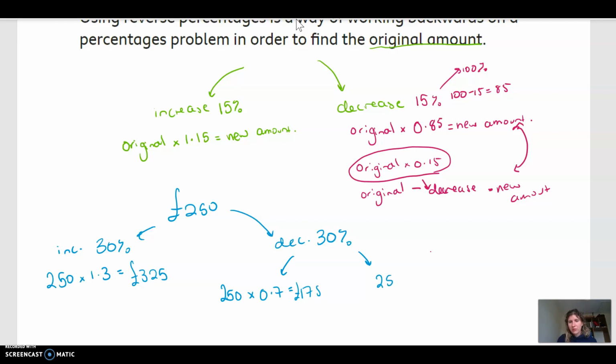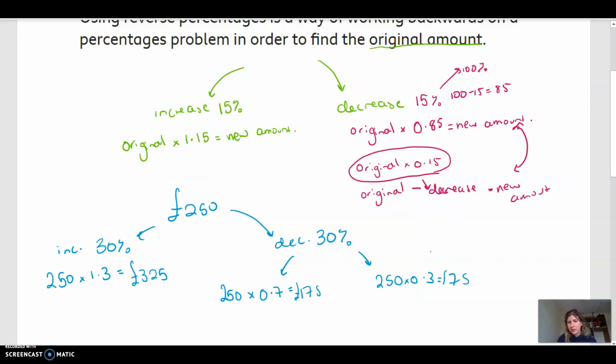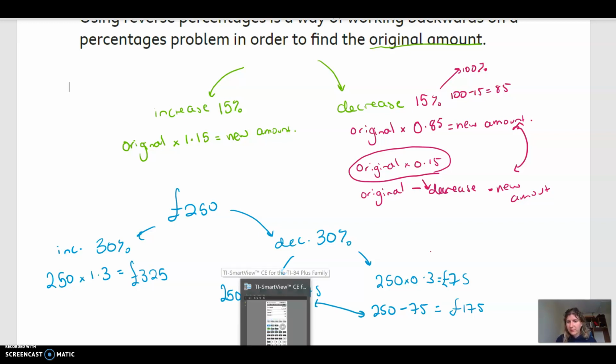We can times 250 by 0.3, take our 30% of our 250. That gives us £75. And then our total is 250 minus 75. Now 250 minus 50 is 200, minus 25 is 175. So that's 175 as well, and we can see that they are the same.